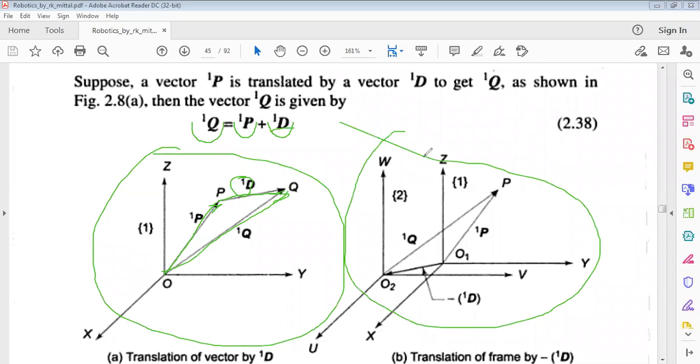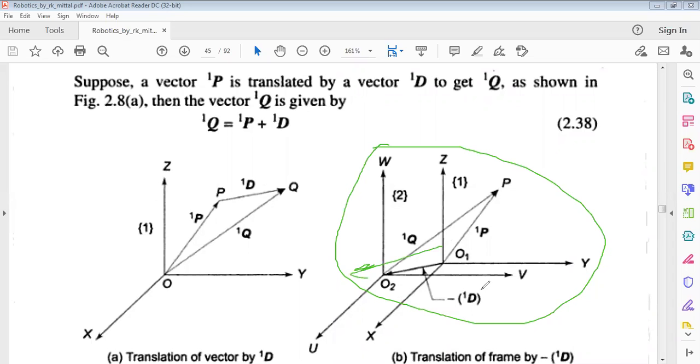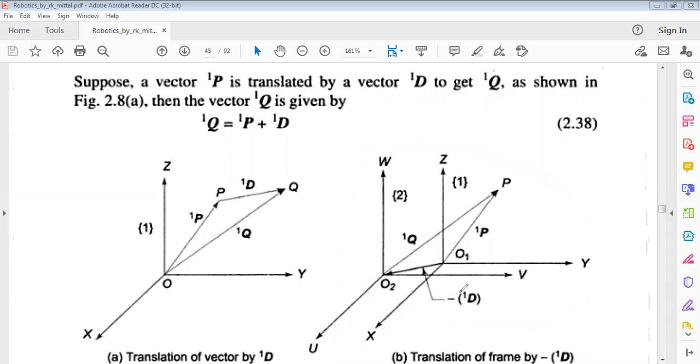In this second figure, instead of translating the vector, we translate the coordinate frame in the reverse, negative direction, from x, y, z. So this is minus 1D, the translating distance.